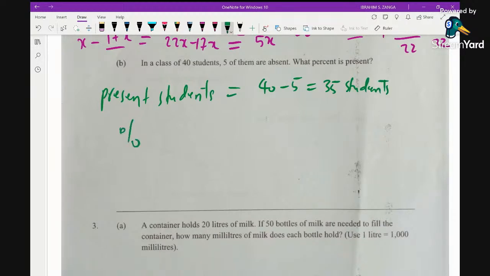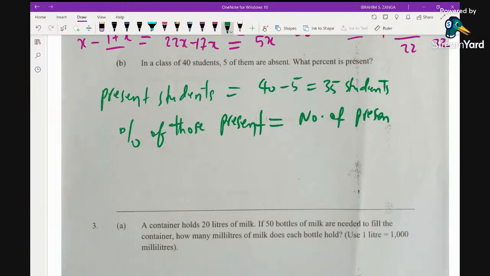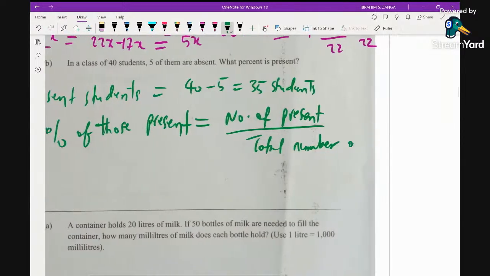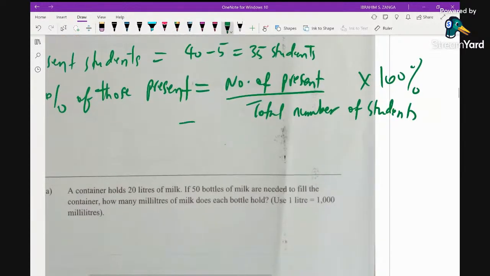So the percentage of those present, we are going to take the number of present students over the total number of students, multiplied by 100%. So we take 35 over 40 times 100%.